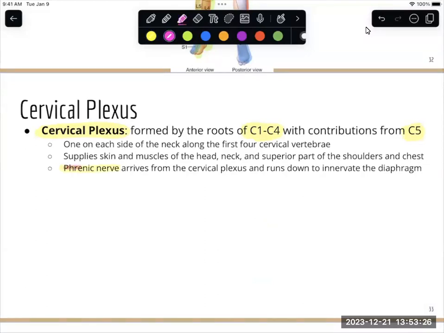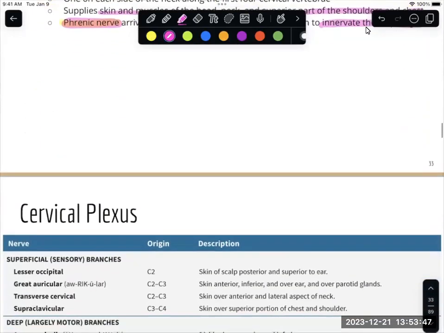So that phrenic nerve goes down to the diaphragm. That is what lets us breathe. But this cervical plexus is going to supply the skin and muscles of the head and neck and the upper shoulders, even down into the upper chest.